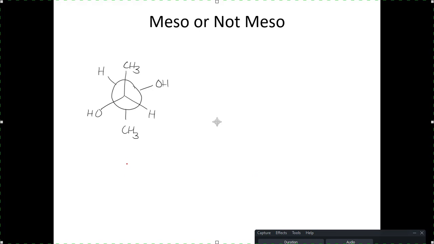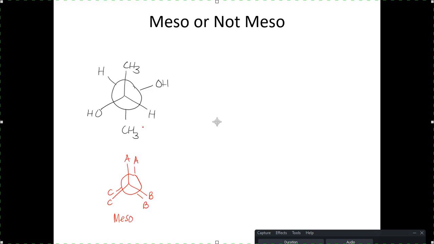Well, in a Newman projection, you can see the mirror plane in the molecule if you align that molecule in its eclipsed conformation. So the meso Newman projection would look like this. It would have all 6 groups lined up with the same group on the front, same group on the back.